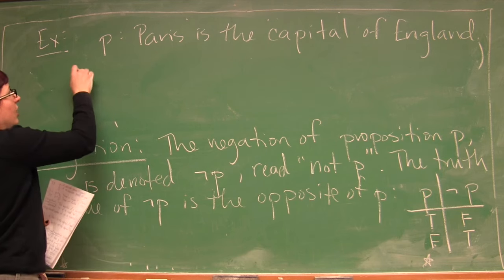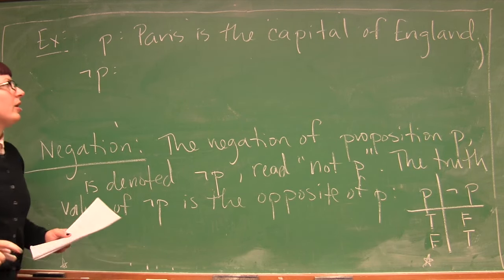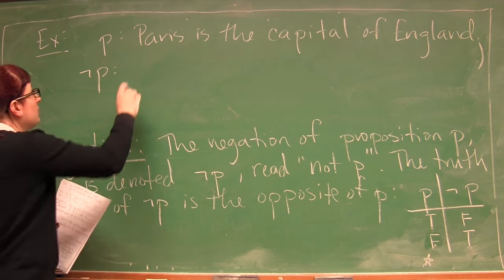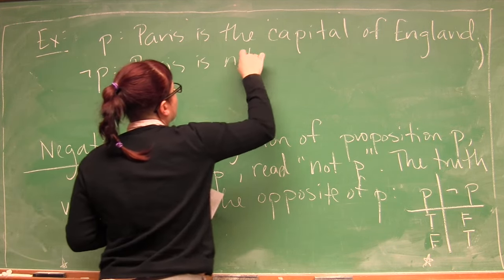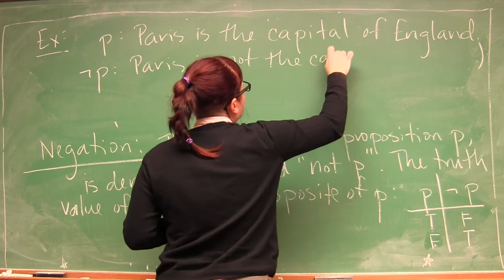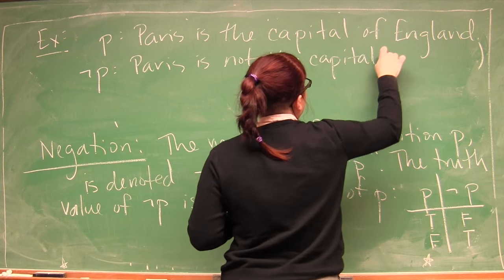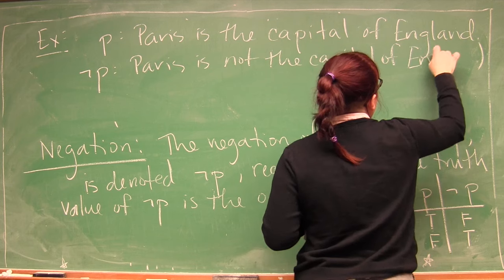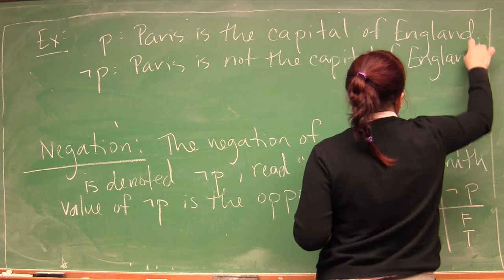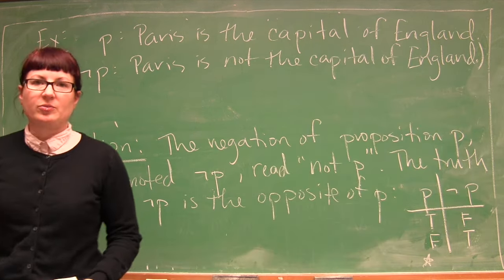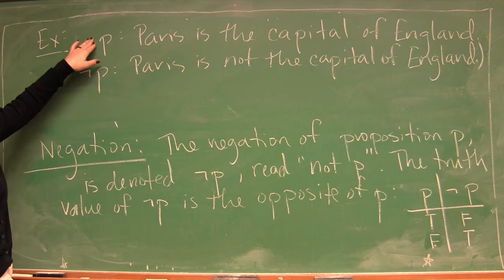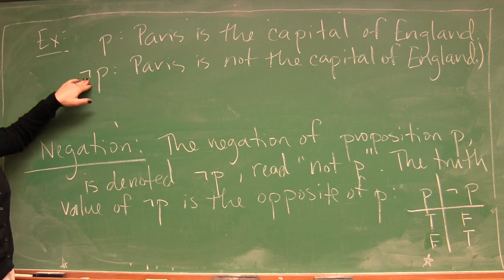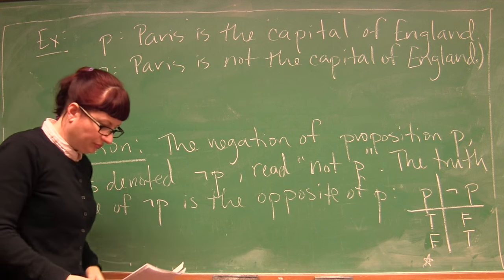Then proposition not P would say Paris is not the capital of England. And of course, one of these propositions is true and the other is false. In this case, P is false, Paris is not the capital of England, so not P is true.